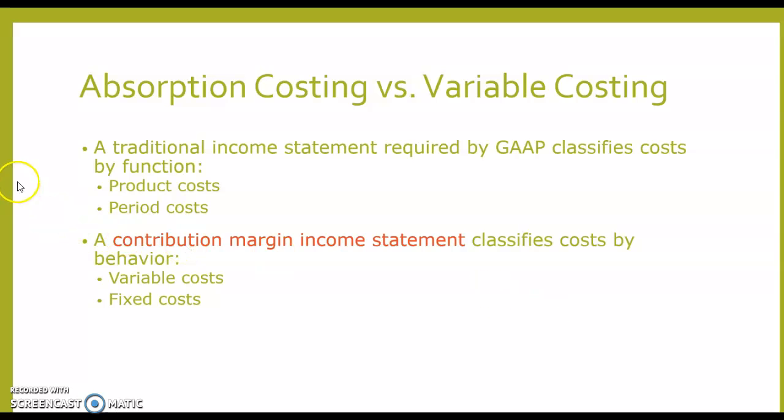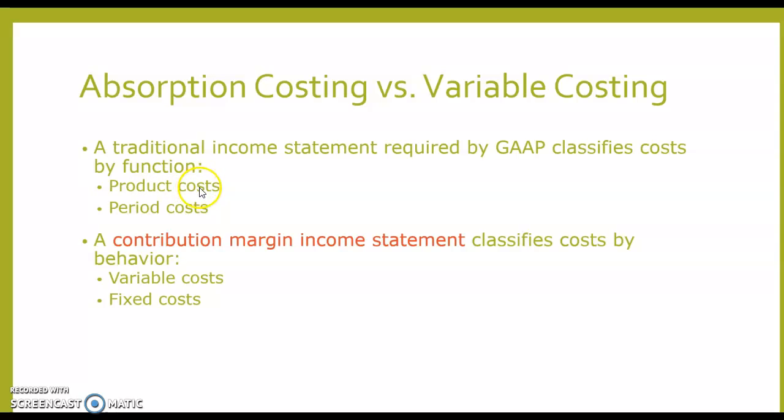We classify costs and expenses by their function. Any kind of product costs are put into cost of goods sold, and we put that on the income statement. We subtract it from net sales to get gross profit.